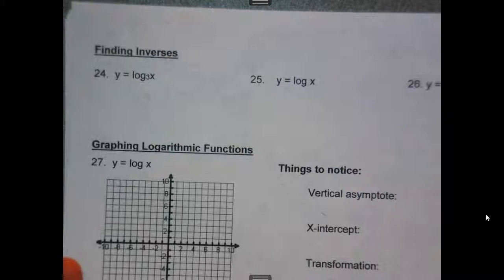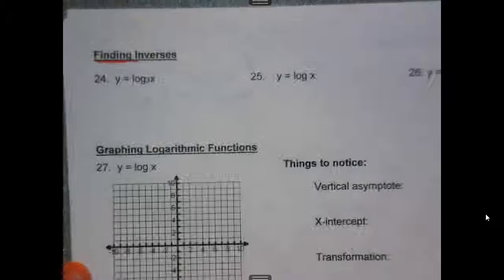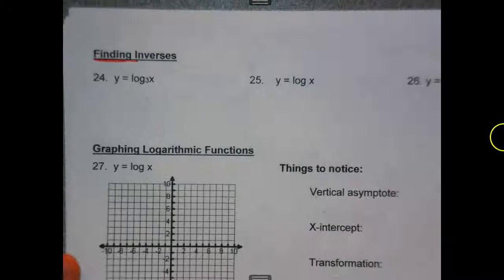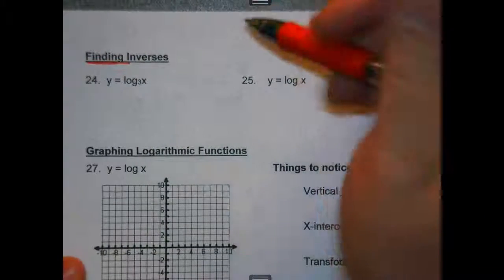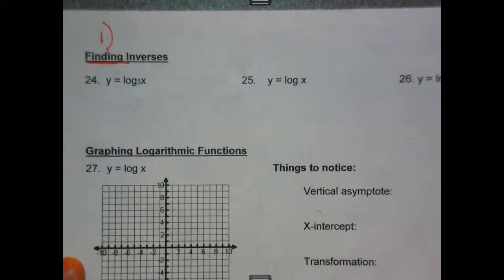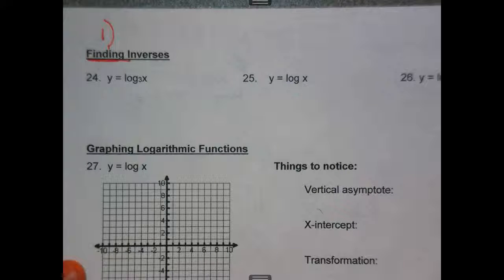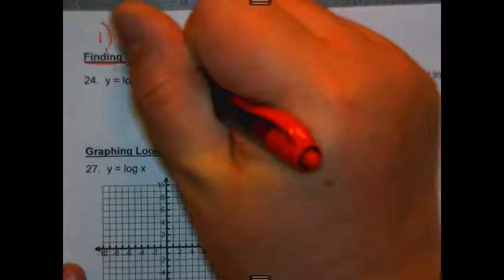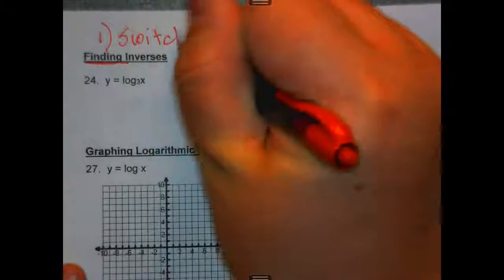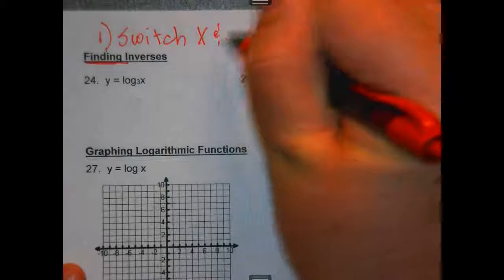Okay, now 24 through 26, it says find the inverse. How do we find inverses? What's the process? Nope, that's not it. Step 1. That's right. Switch the x and y. Step 2.